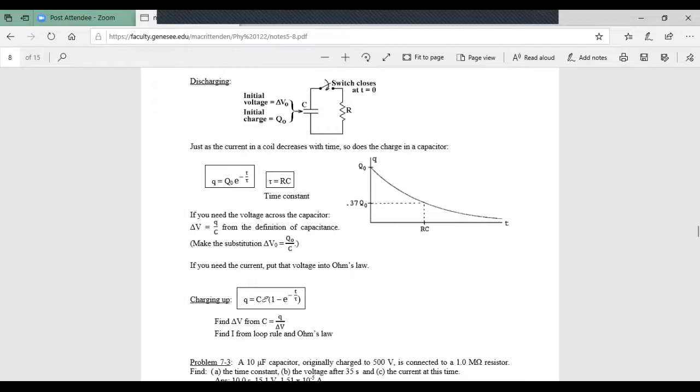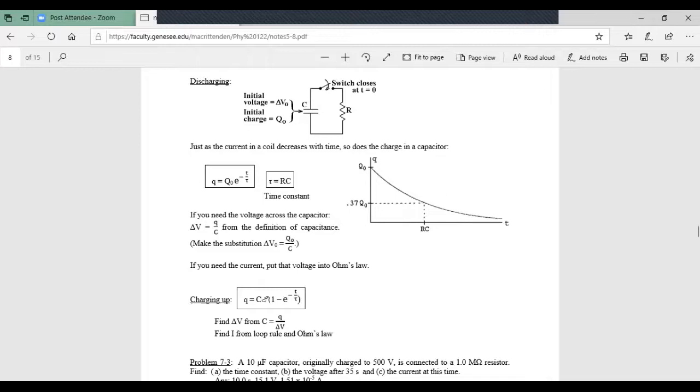And again, if you want an expression for voltage as a function of time rather than charge as a function of time, then you would just take this formula and stick a C underneath it, because volts equals charge divided by C. Notice that this C right here in this formula, when you divide by C, just cancels out.